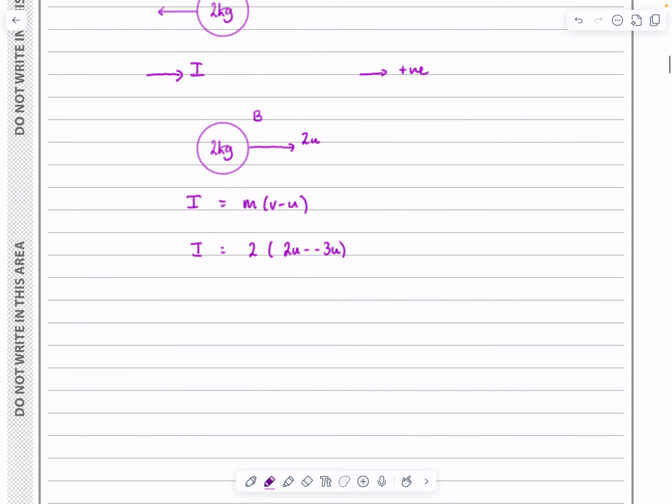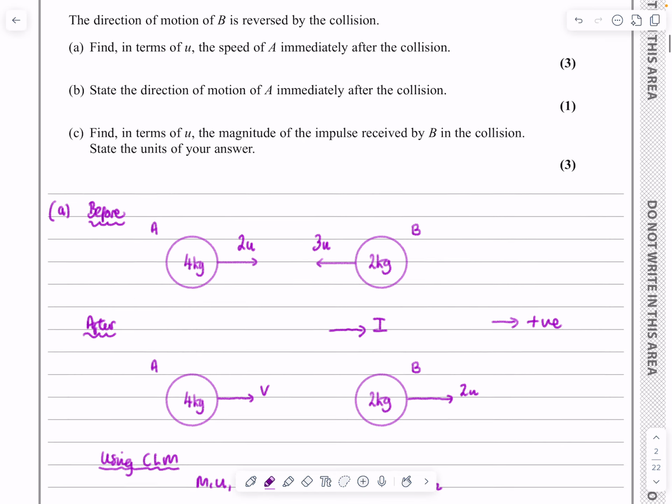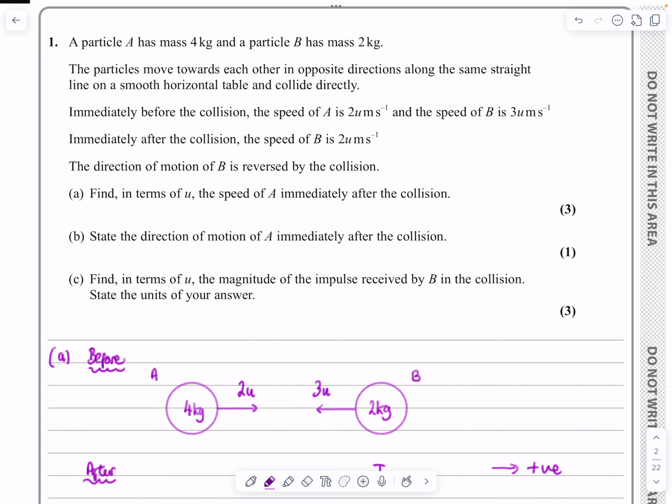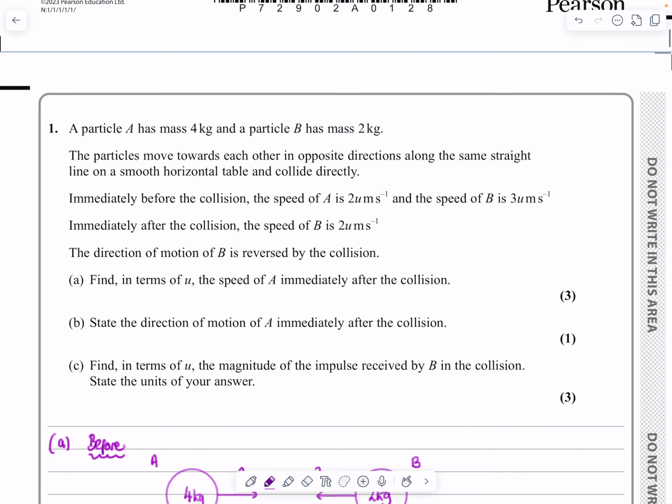So we end up with 5U times by 2, we end up with 10U for my impulse. And then it does actually say in the question, make sure that you talk about the units. For impulse, I'm always going to stick with Newton seconds unless they ask me to do something other than that.